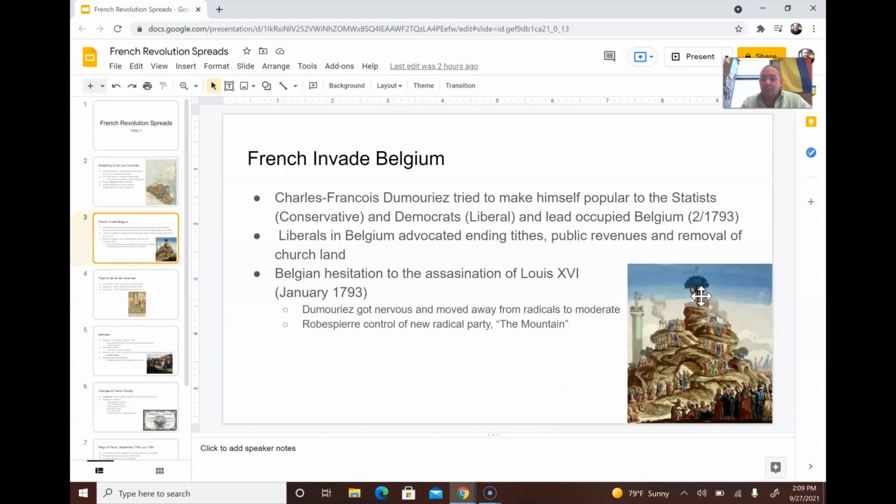So France winds up invading Belgium in the winter of 1792-93, and they put Dumouriez into power. He's a conservative, looking to restore order in Belgium.